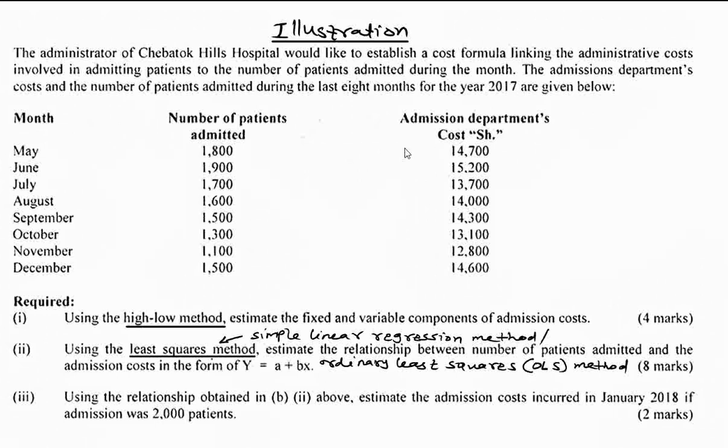Now in this question, the number of patients admitted will be our X and the admission department's cost will be our Y. Generally, in cost estimation, the cost becomes Y and the other cost driver, if we can call it so, that is the reason why we incur such costs, becomes the X. Required, using the high-low method, estimate the fixed and variable components of admission costs.